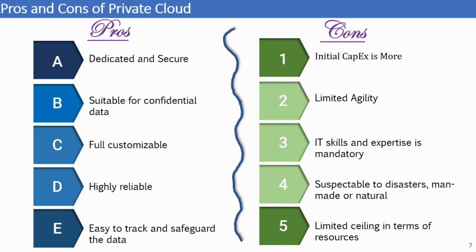And it is made available only to the customer and their employees. So it is dedicated to their work and more secure. And it can meet any security and compliance related requirements. Second one, it is suitable for maintaining confidential data and the private cloud model ensures security of such data.